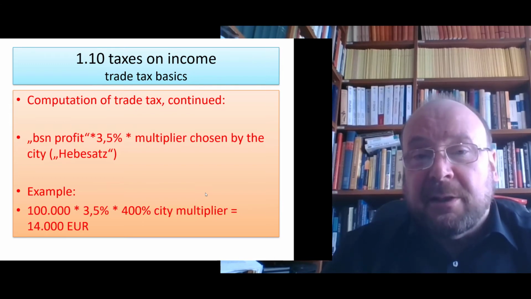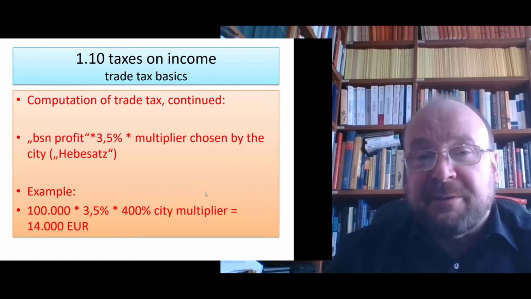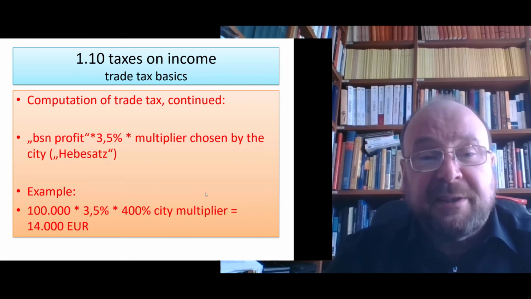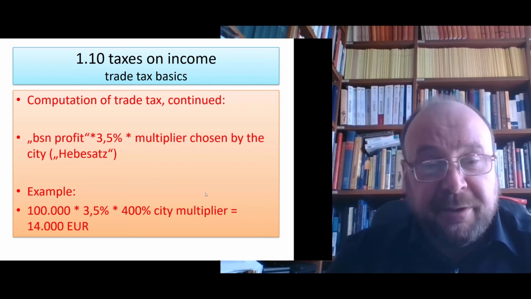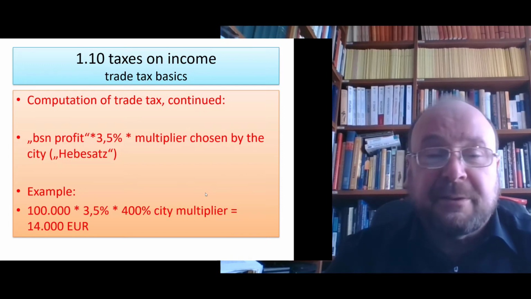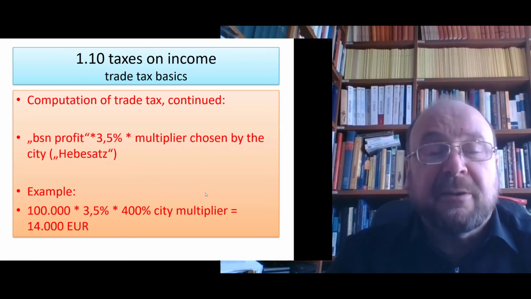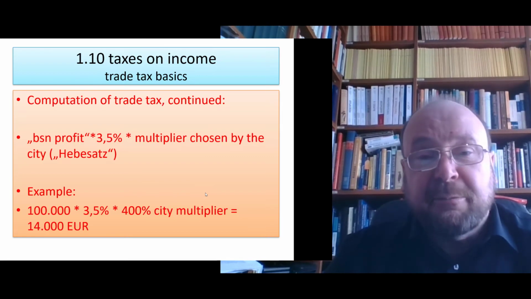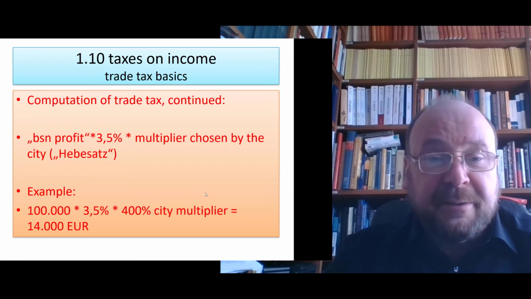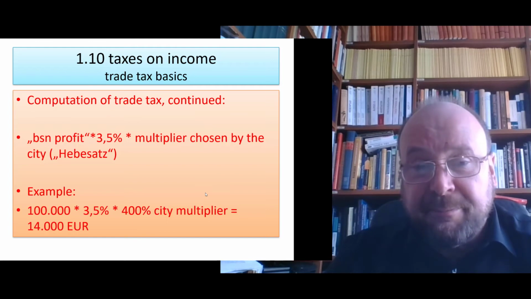So there was in the course of time a tendency that a city claimed 100% of 3.5% of the profit, and then that was not a natural limit, so they began to ask for 200% or 300% or 400%. At the moment, 400% trade tax rate is rather the average rate in German cities.